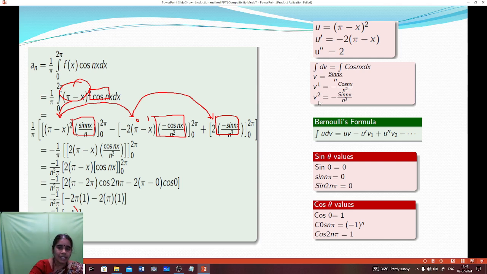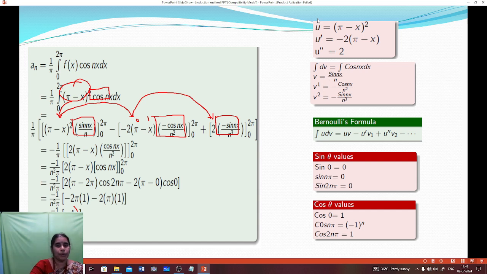Next, once again we have to integrate. On integrating v1, we just get v2, which is nothing but minus, on integrating cos, sin nx by n, already n square, so on joining, sin nx by n cube. So, we have obtained the values for u, u dash, u double dash, v, v1, v2.